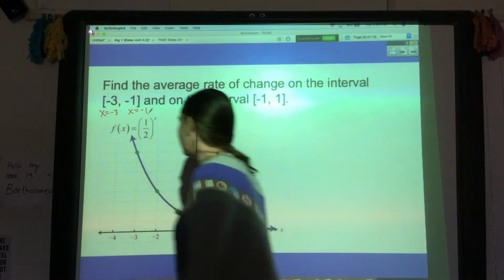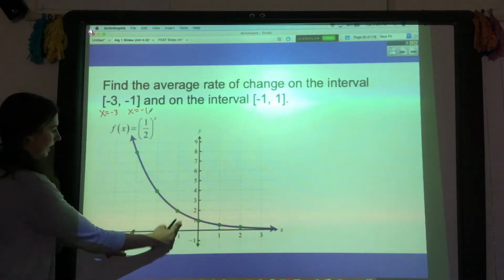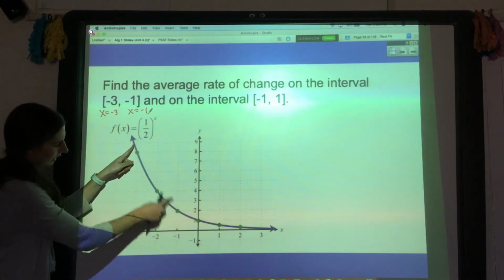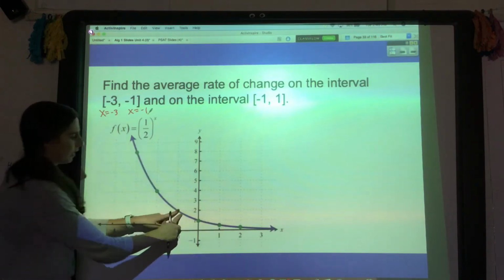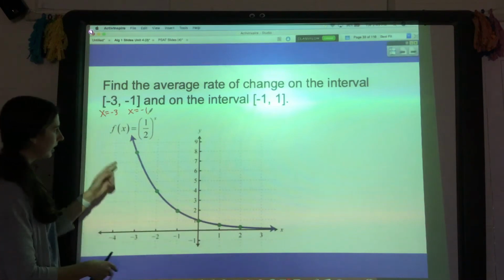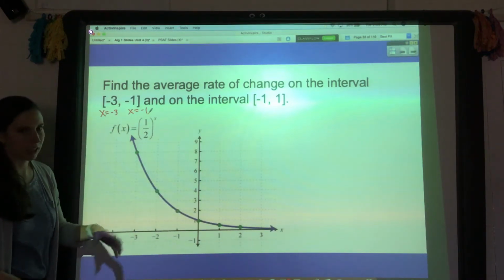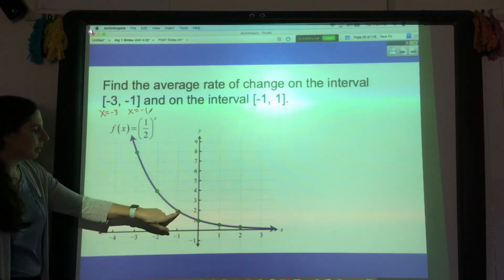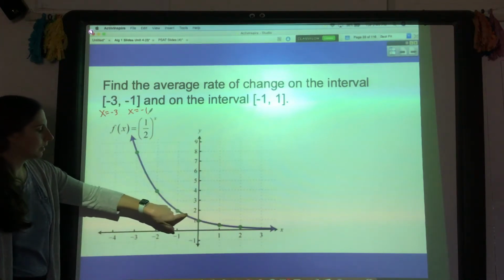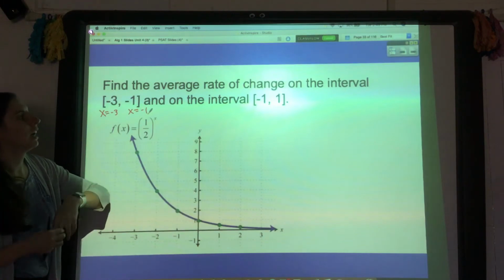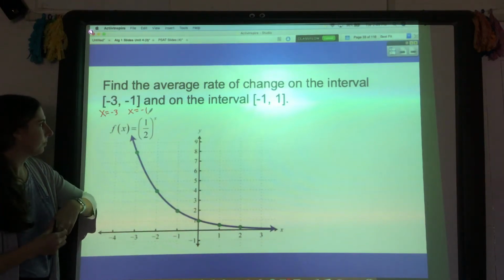Notice, since it's exponential, -3 to -1 is significantly steeper than -1 to 1 is. So I would expect this one to be a bigger negative number, or I guess smaller, but it's going to be a bigger number than this one is. This is less of a negative average rate of change.